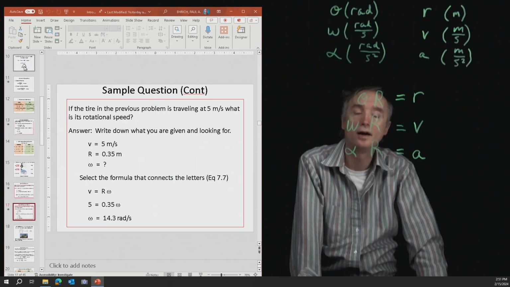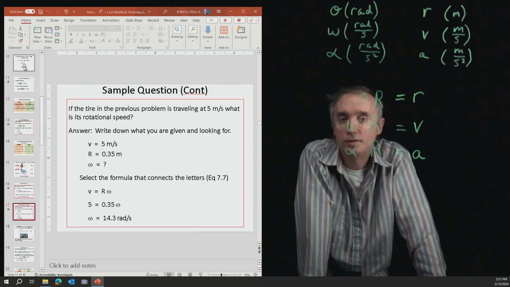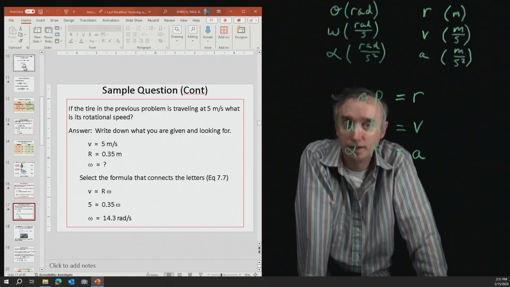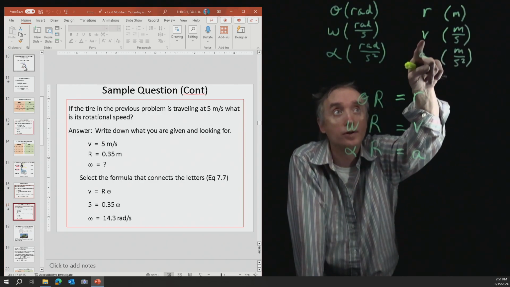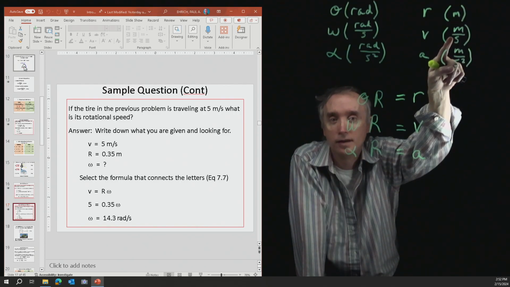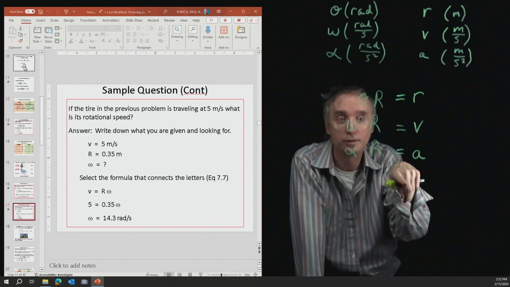And then let's take a look at this one. If the tire in the previous problem is traveling at 5 meters per second, so that's a linear concept, so we know the V, 5 meters per second, then what was its rotational speed?